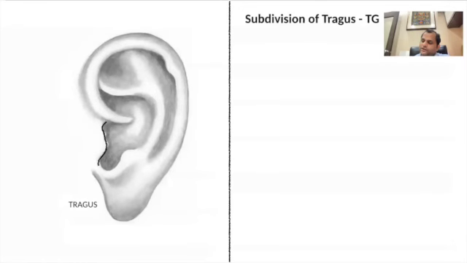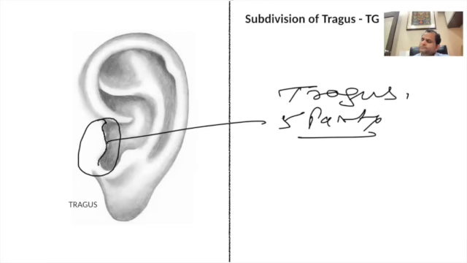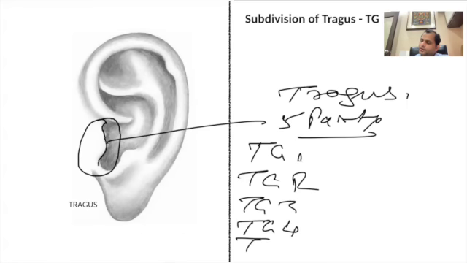So when we divide this tragus in multiple parts, we can divide it in 5 parts: tragus 1, tragus 2, tragus 3, tragus 4, and tragus 5.